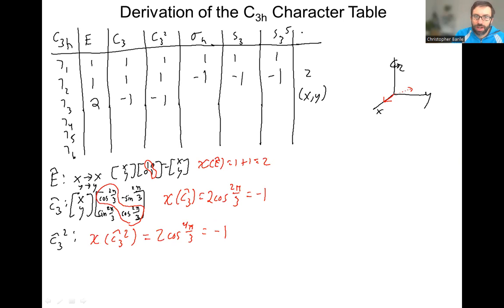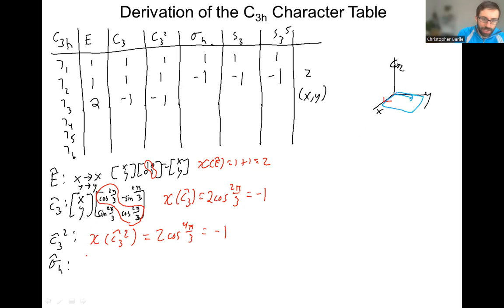And so now we carry on here with our sigma h. So let's do that. With the sigma h, this one is not a rotation matrix. Remember we talked about this with z, but this sigma h is in the xy plane. So if we're thinking about an x vector or a y vector, both these red and blue vectors, these x and y vectors, are in the plane.